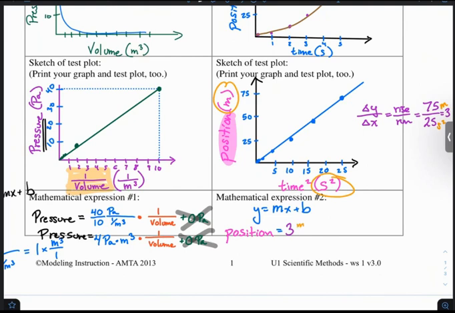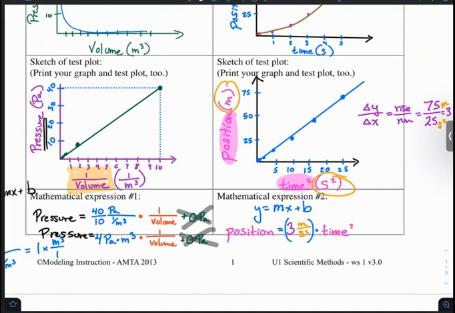So that would be meters over seconds squared. Now, do not forget that you have not done x yet. This whole thing here has been the slope. Now you need to multiply times your horizontal variable. And my horizontal variable in this case is time squared. And if you want to put t squared, that's fine.